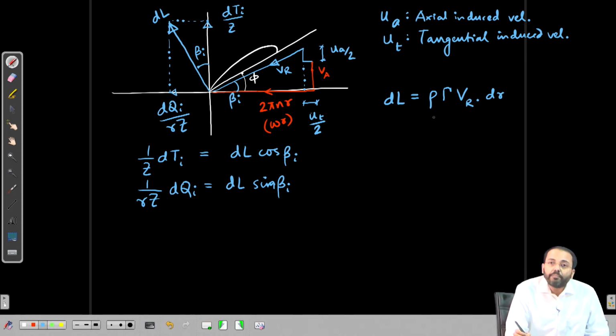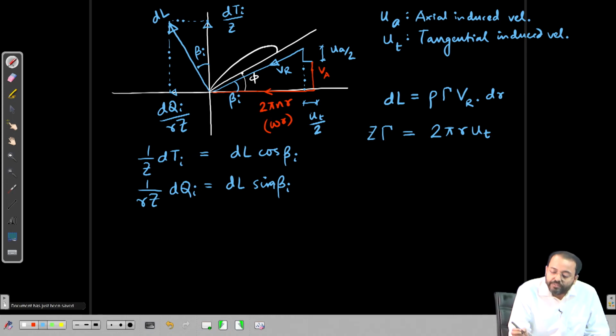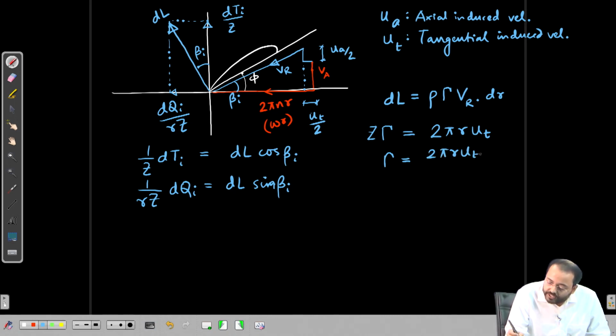Now, what is gamma? We have just calculated the gamma for a propeller. The circulation will be 2 pi r ut for z number of blades. So, z gamma will be 2 pi r ut, so gamma will be 2 pi r ut by z.